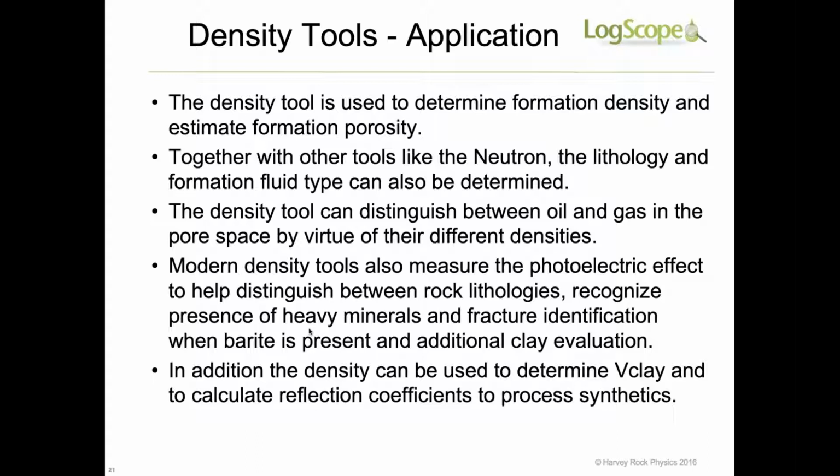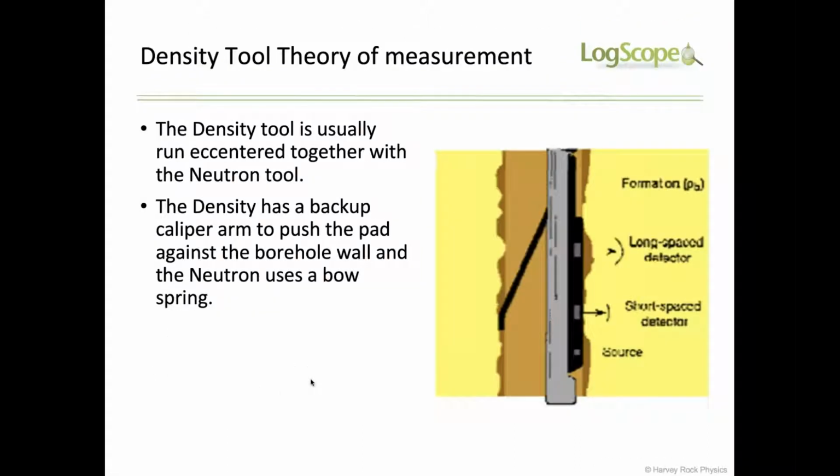The density is okay, but the photoelectric effect will become useless. In addition, the density can be used to determine V clay, and is probably even more accurate than the gamma ray for estimating clay volume.